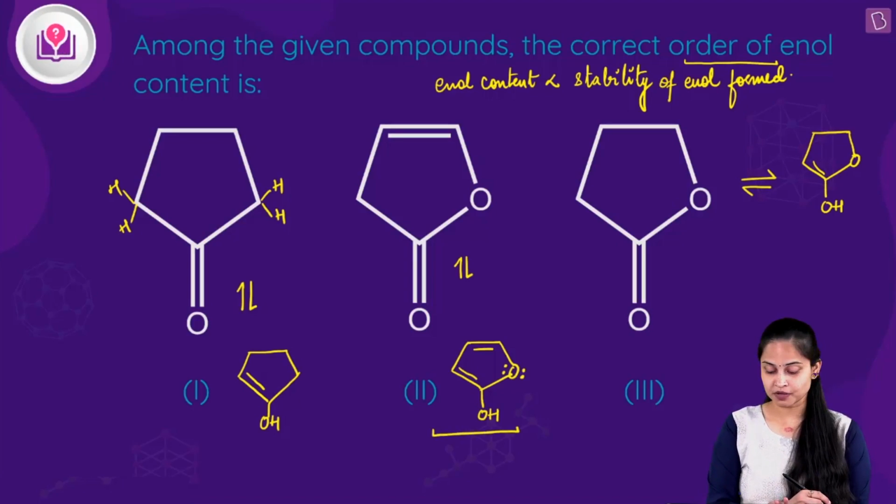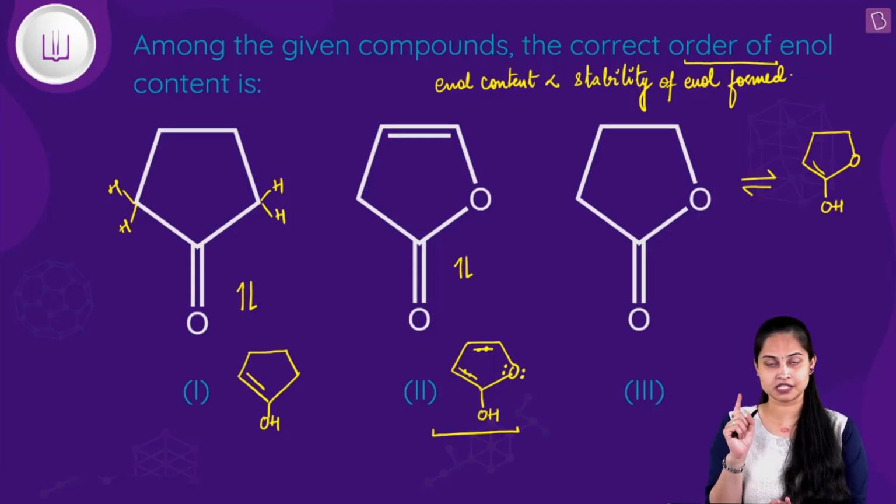Why so? Because over here there are 6 pi electrons involved in the delocalization process. 1, 2, 3, 4, 5, 6. One lone pair of oxygen is involved in the delocalization of the ring system basically. So over here we do have 6 pi electrons obeying Huckel's rule, 4n plus 2 pi. That means it is aromatic in nature.